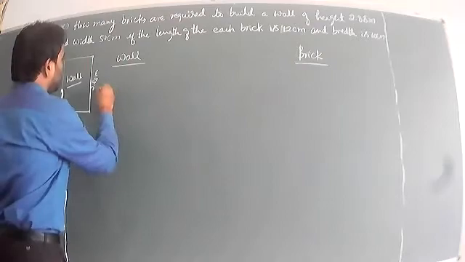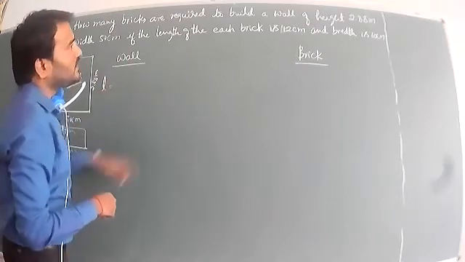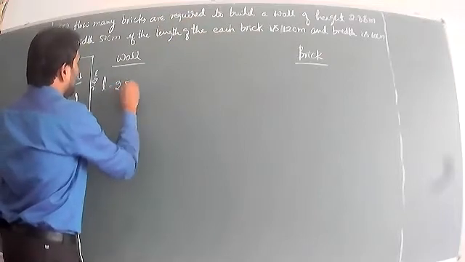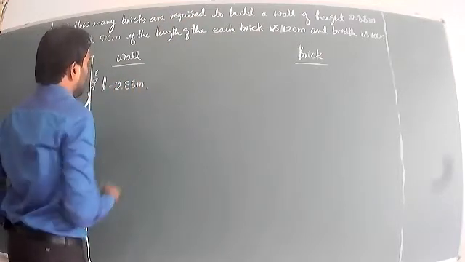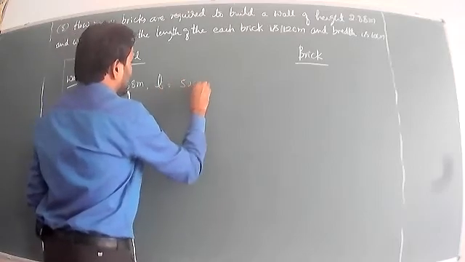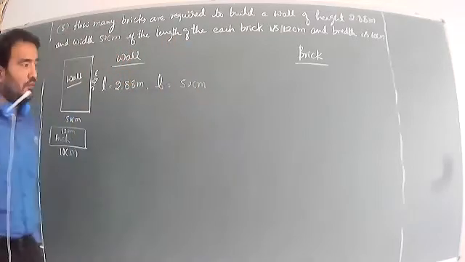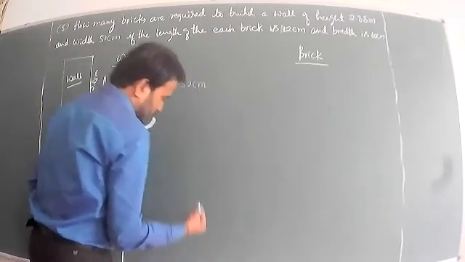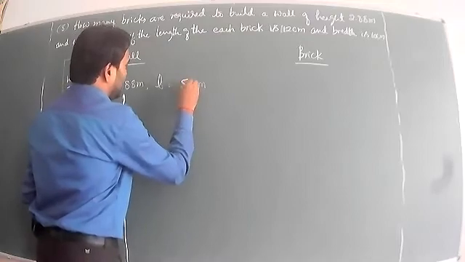First we find the length of the wall; length means height. The height of the wall is 2.88 meters. Then the breadth is 50 centimeters.